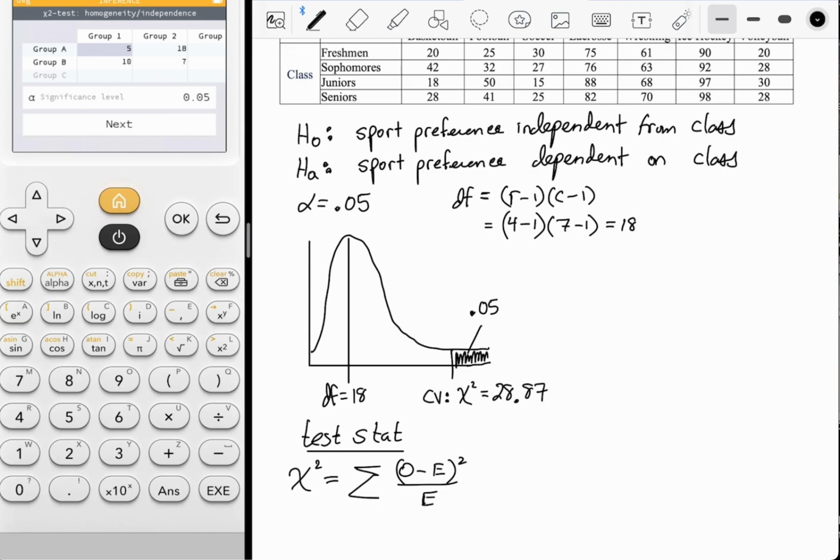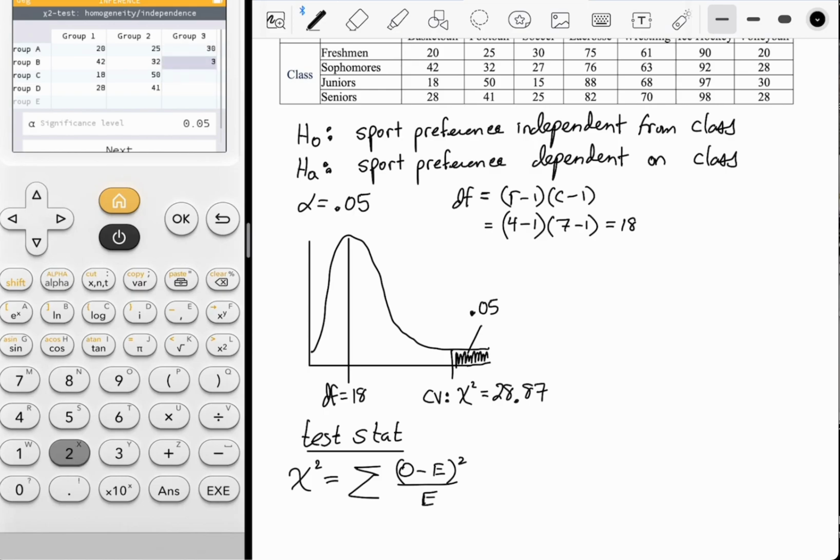So group 1, I have 20. When you hit enter, it goes down the line, so it'll overwrite whatever's there. All right. You see it has group E listed there just in case I want to put a value in there, but it's grayed out, so it's not being considered, which is good. 25, 32, 50, 41, 30, 27, 15, 25.